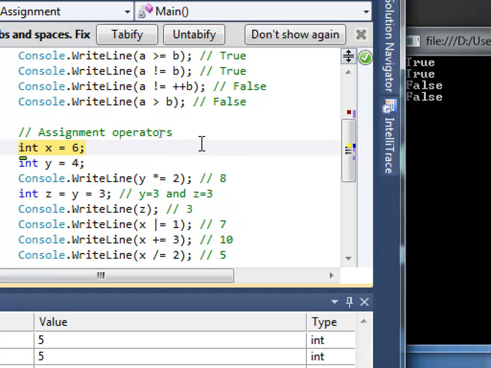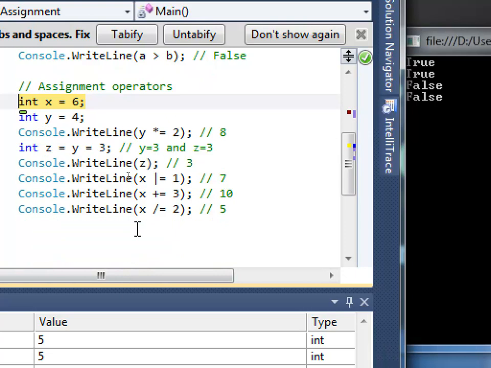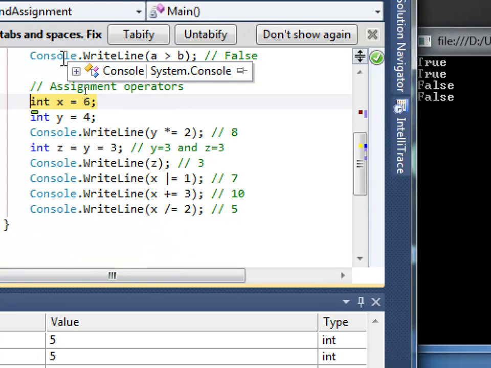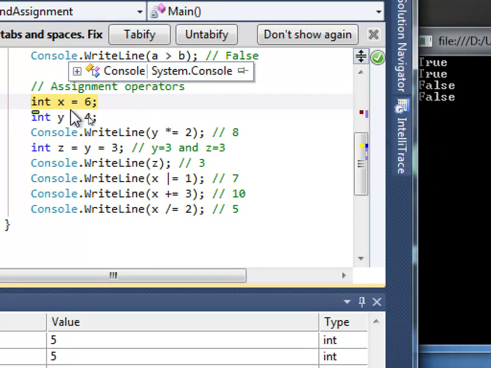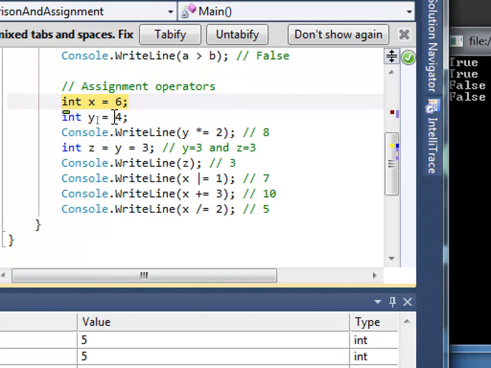Now we have the assignment operators. First of all, the basic ones which we know, we take a value and assign it to a variable. And here we have a list of a few of the shorthand writings of taking an operation and doing it and assigning it in the same statement.